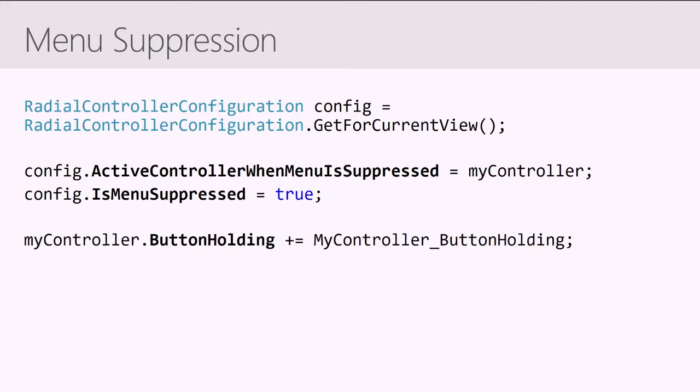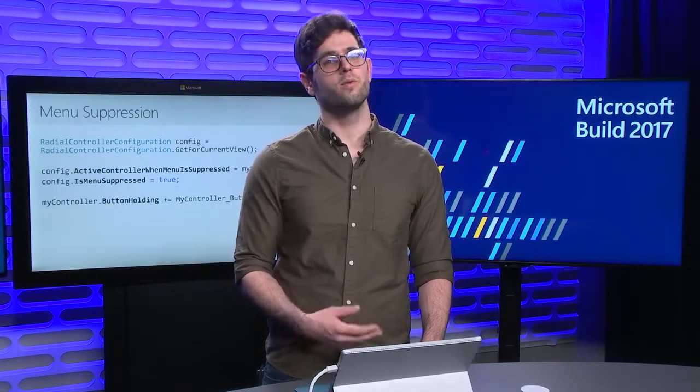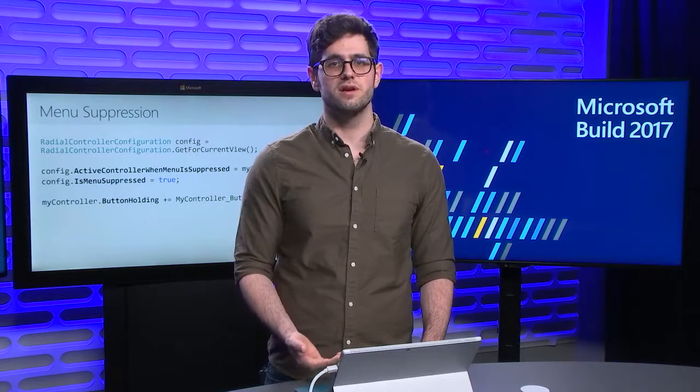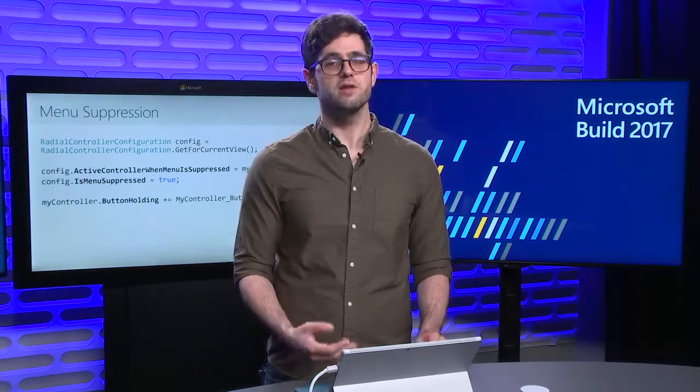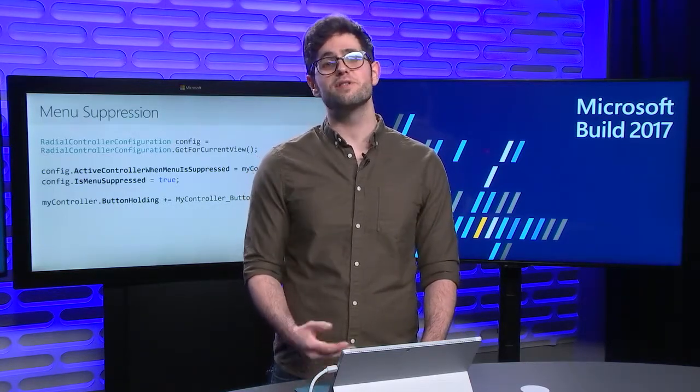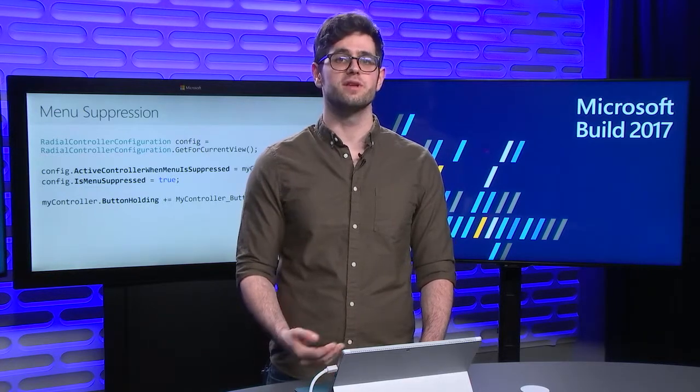We just need to pick one of them to receive all input whenever we're turning the menu off. And then secondly, we have the isMenuSuppressed Boolean. All this does is tell us whether or not we should fire the menu. You turn it to true, we won't fire the menu. Turn it to false, then the menu will appear as normal, and you can change that at will. Finally, there's a button holding event, which will fire whenever the user does a press and hold.